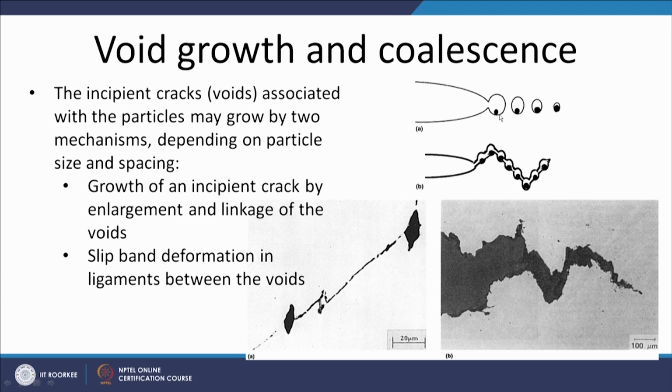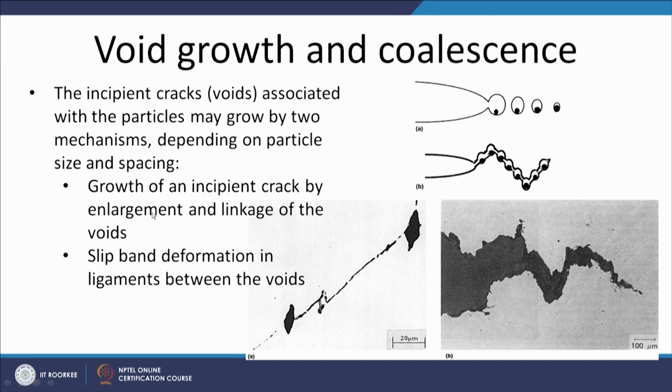What we can see here is a number of inclusions, and under the influence of the external load, the voids will be formed, and subsequently their growth and coalescence will lead to the generation of the fracture surface.